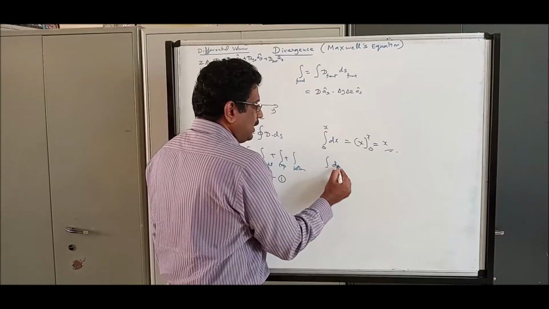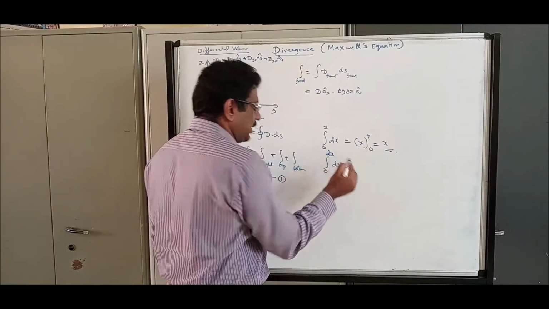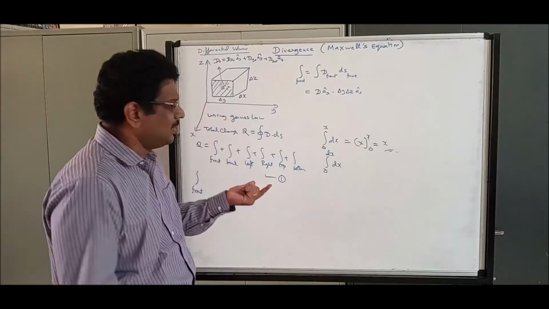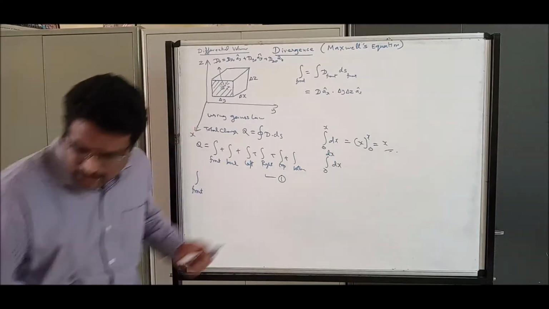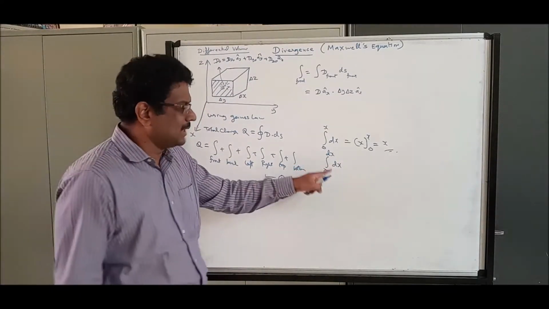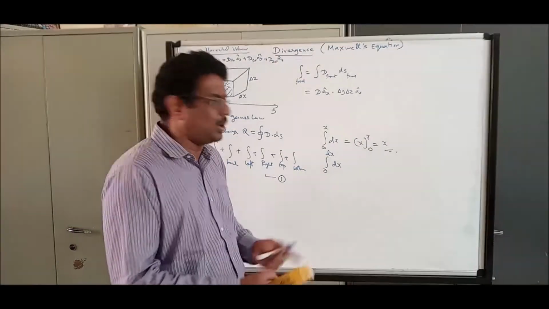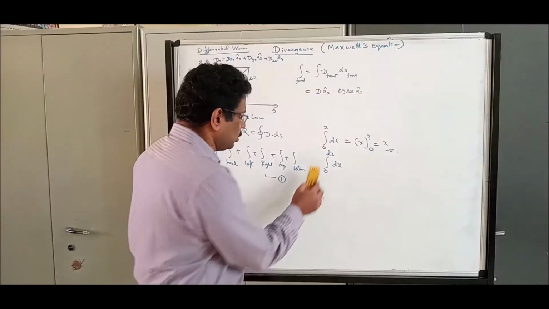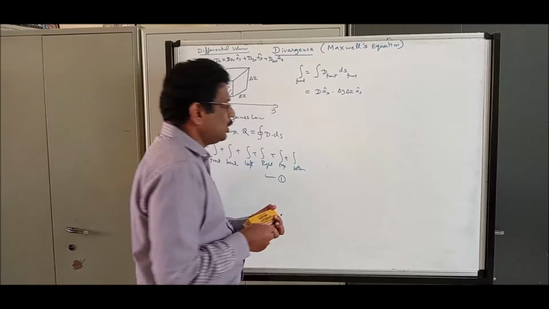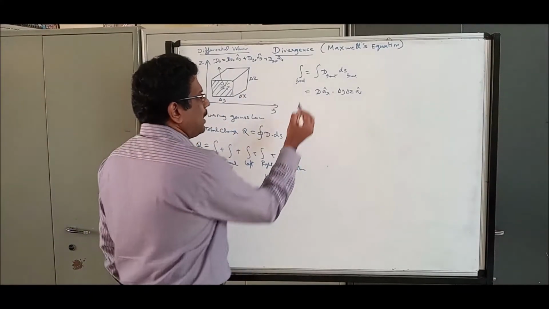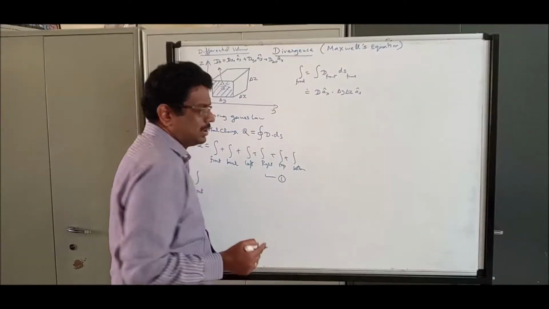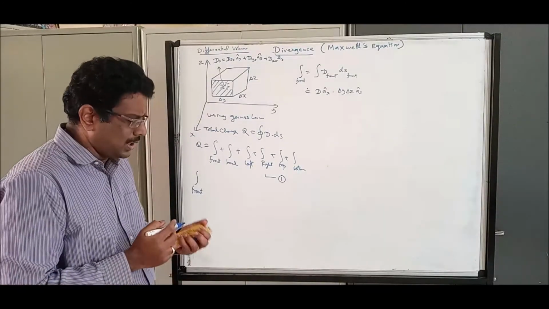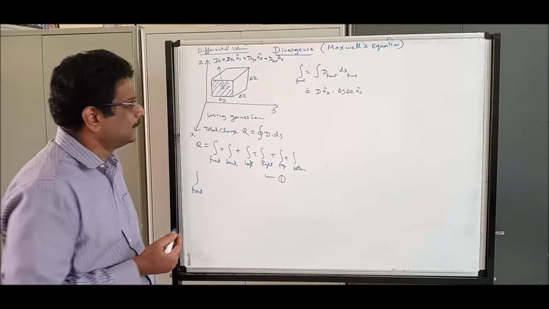Now I am going to do integration dx for 0 to delta x, because total length is delta x. If you do integration of dx it will be x, upper limit minus lower limit, delta x minus 0 will be delta x. The result is the same. So under the situation, you no need to do the integration. Symbolic representation is equal to that. That is, integration for a small length is nothing but the same length.